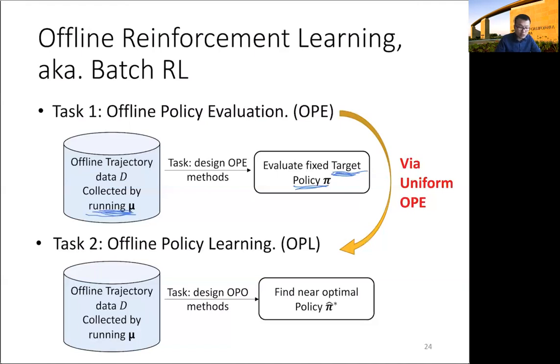So we'll talk about the off-policy evaluation problems, or offline policy evaluation problems, first on the various models, and then we'll move to talk about the algorithms that deal with offline policy learning.